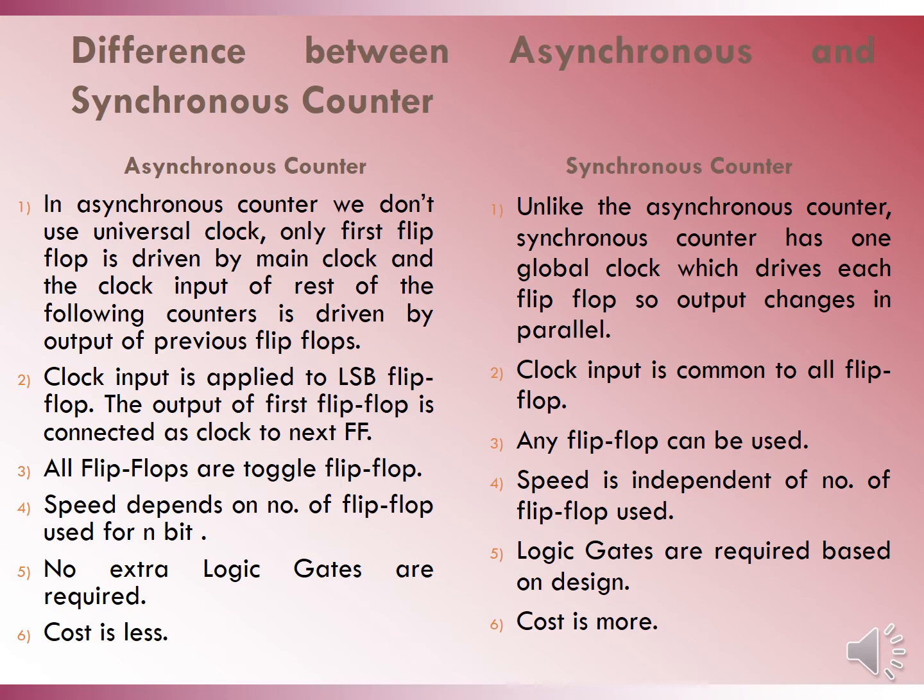Whereas in case of synchronous, the speed becomes independent of the number of flip-flops used. An advantage of asynchronous counter is that no extra logic gates are required, whereas in case of synchronous counter, logic gates are required for the design. Because of these logic gates, which are not required in asynchronous counter, the cost becomes less, whereas for synchronous counter, the cost becomes more.